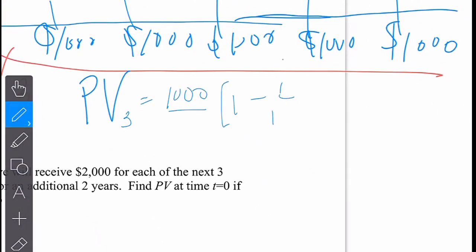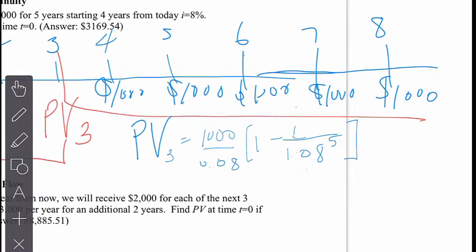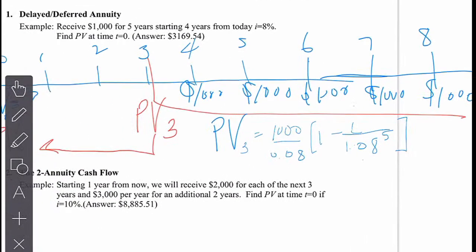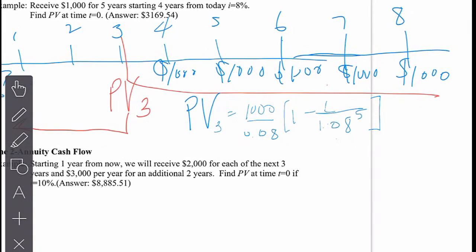So this is 1.08. And then I want to do this for 5 periods. So that's that discount factor. And then 0.08 here. So that's the formula for that, which I can plug into my calculator with N as 5.